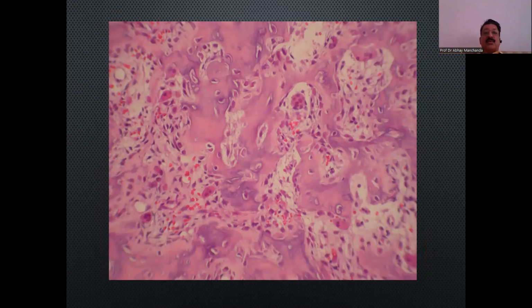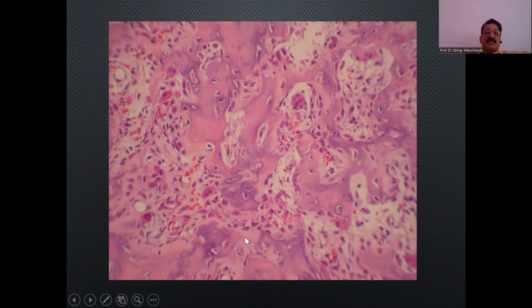This is a slide showing these all are mesenchymal matrix. These are prominent osteoid tissue. These are osteoblasts. These are osteoclasts with multiple giant cells, multiple nuclei.